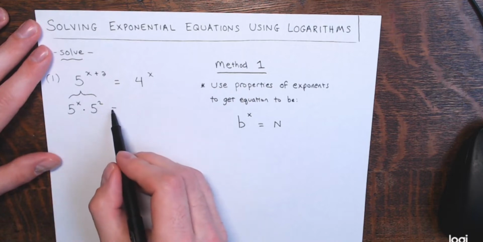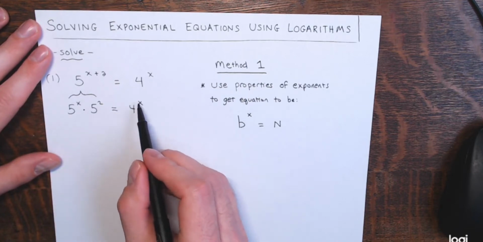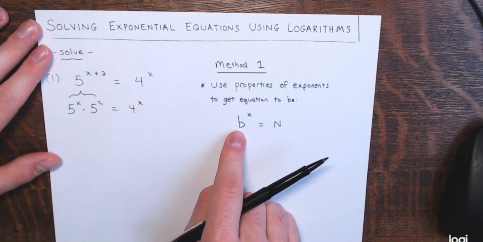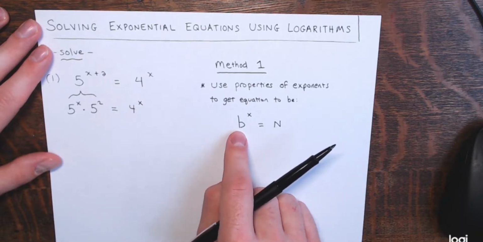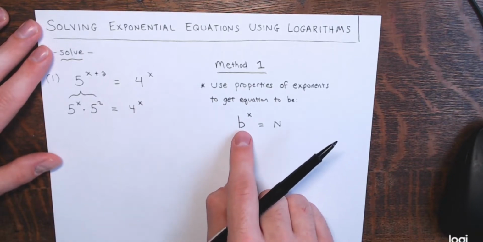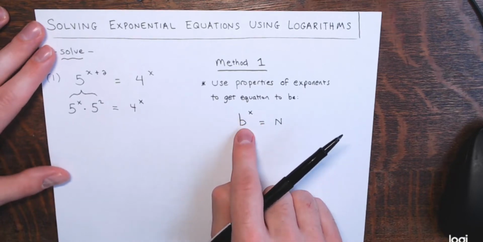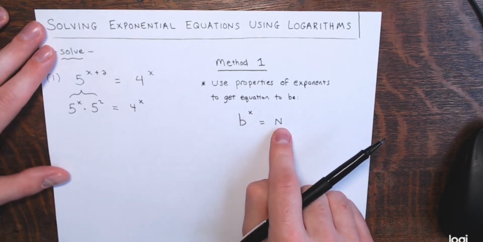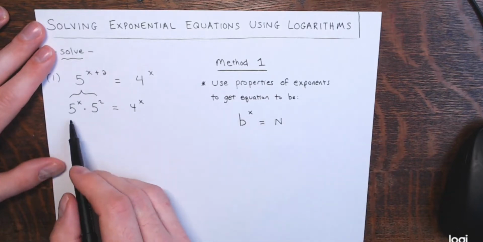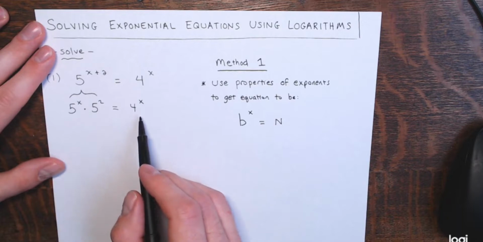Then equals 4 to the x. I move things around using multiplication and division until I get all the stuff with just the x power on one side and numbers on the other side, no variables. So all I need to do here is divide both sides by 5 to the x.